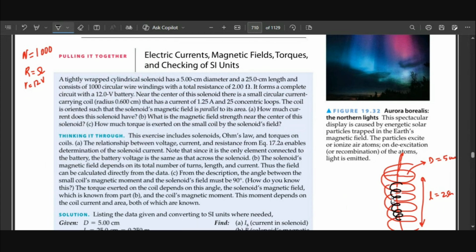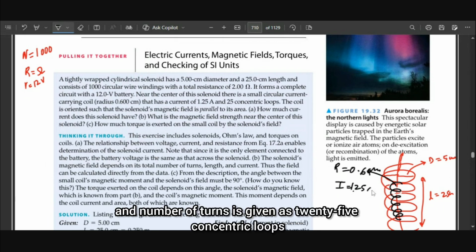It would be like that, and its radius is 0.6 centimeter. It carries a current of 1.25 amperes and the number of turns is given as 25 concentric loops.